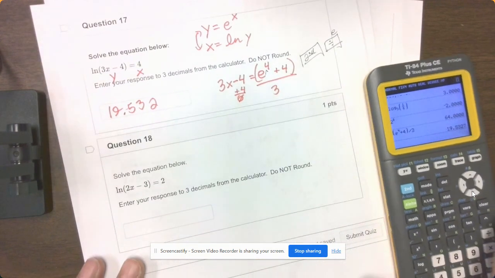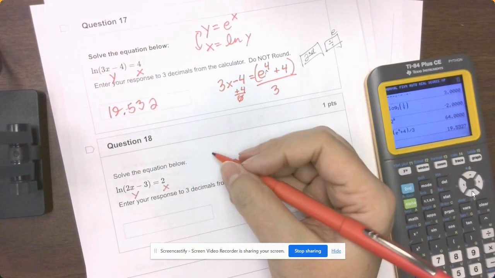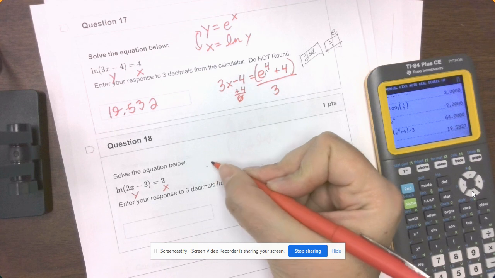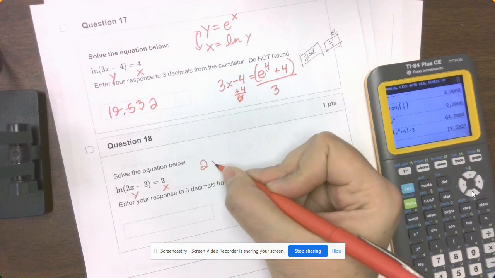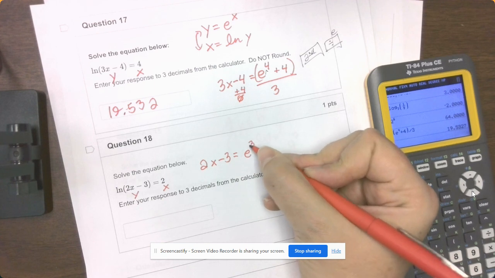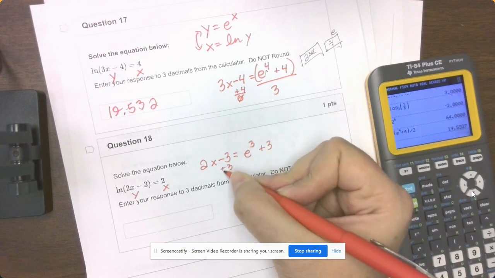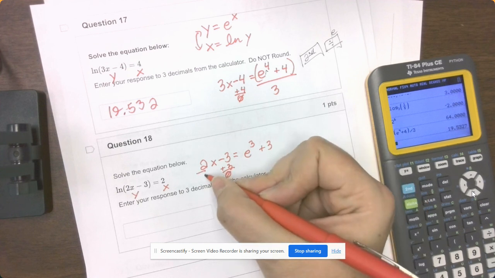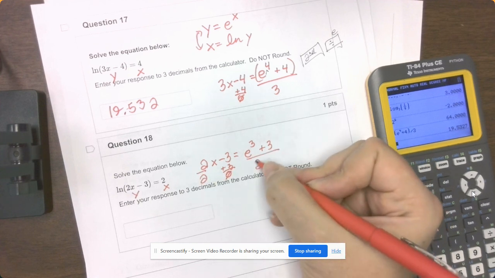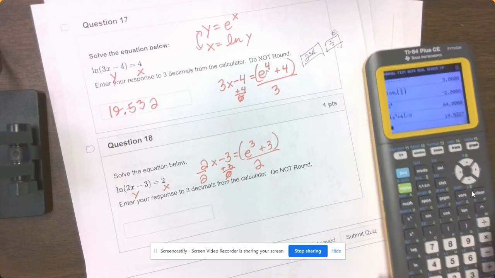Okay, same with the next one, everybody. Y and x. So you're going to go 2x minus 3 is equal to e to the 3rd power. Add 3 to each side, and then we divide by 2. Okay, so we're going to put the whole thing in that calculator.